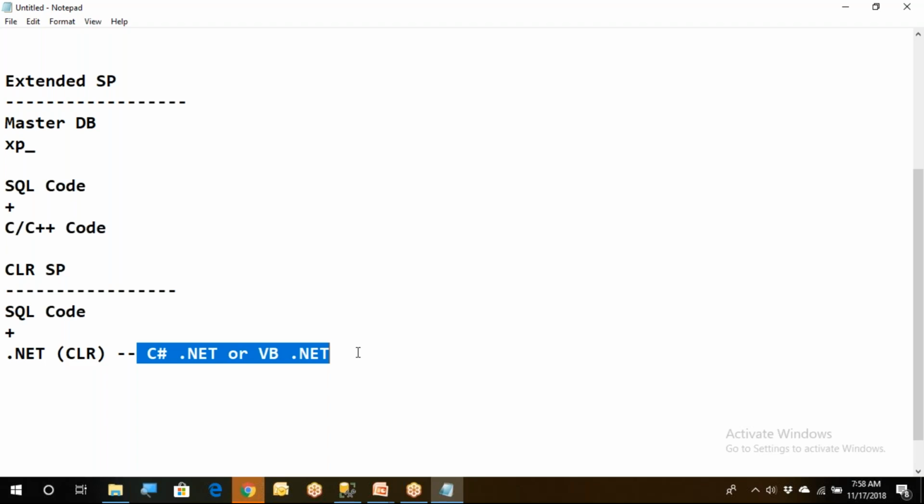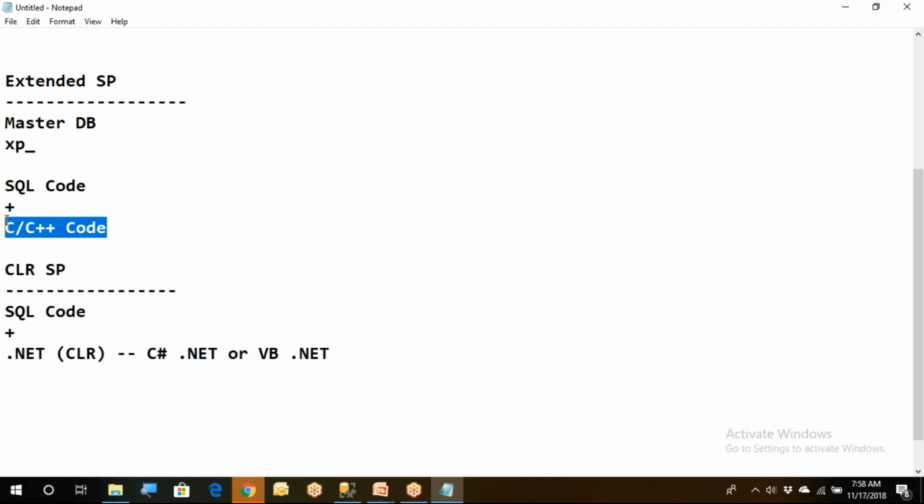SQL developers can write normal stored procedures. Complex means you need to go in for CLR stored proc today. So nowadays nobody is writing C and C++ because, as an advanced concept, if people need complex operations, they may use .NET code.